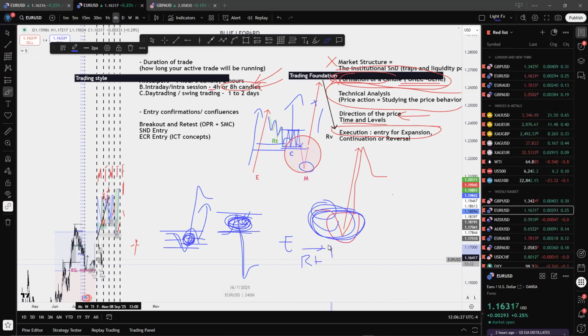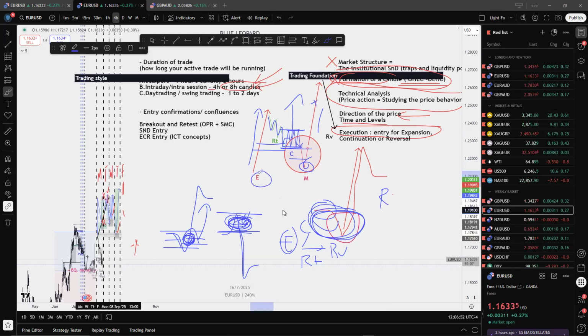After an expansion, you can also have a reversal. After an expansion, you can expect a consolidation, okay? But never after an expansion will you find a manipulation. Manipulation only comes after the consolidation or a retracement. Reversal happens only after a consolidation and manipulation, because a reversal is also an expansion.